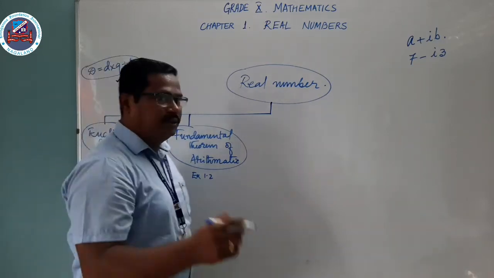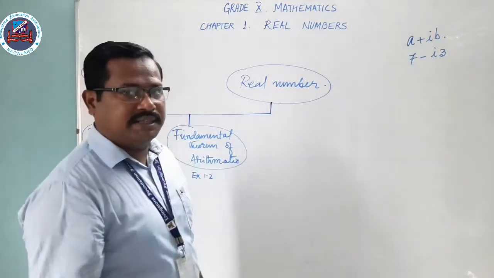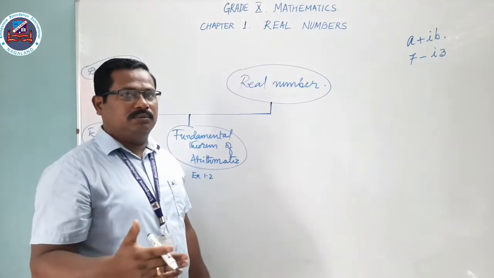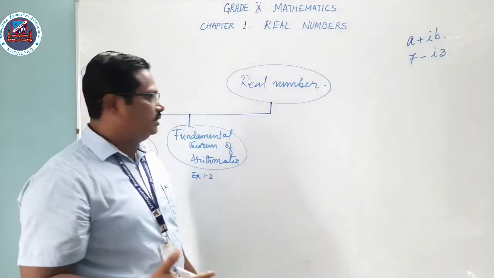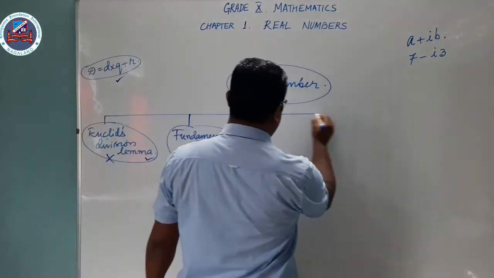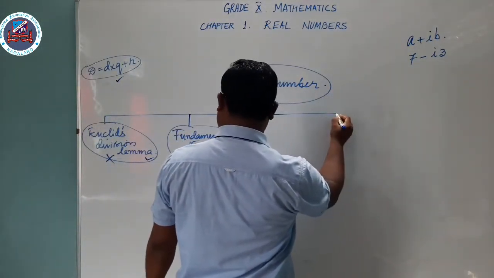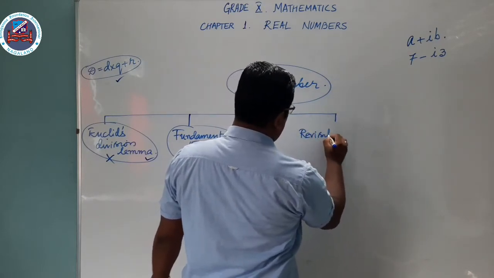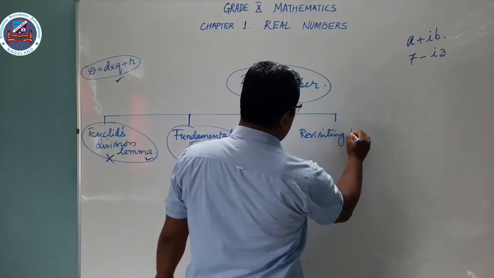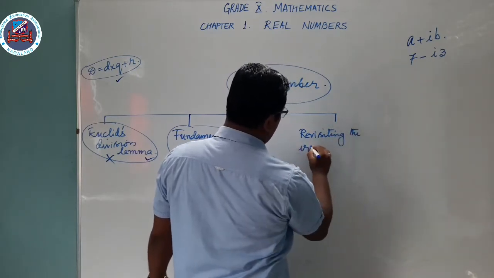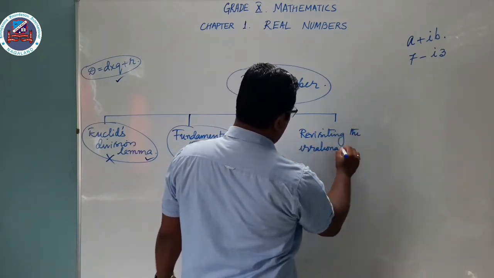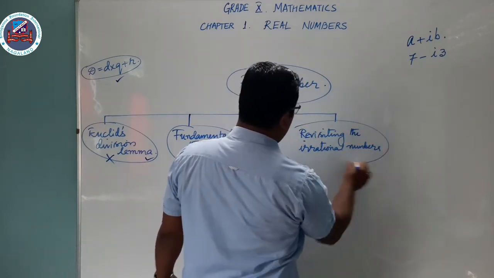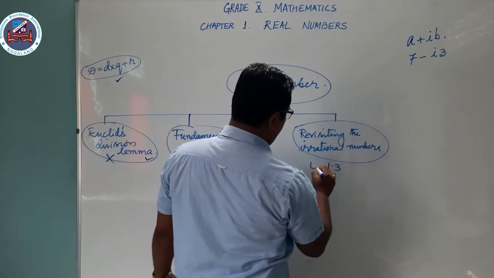Now after that, we'll revisit those irrational numbers that you have learned, root 2, root 3, root 7, 2 plus root 3, 1 by root 2, 1 by root 3. Those things we'll be doing in the third exercise, that is exercise 1.3, revisiting the irrational numbers.